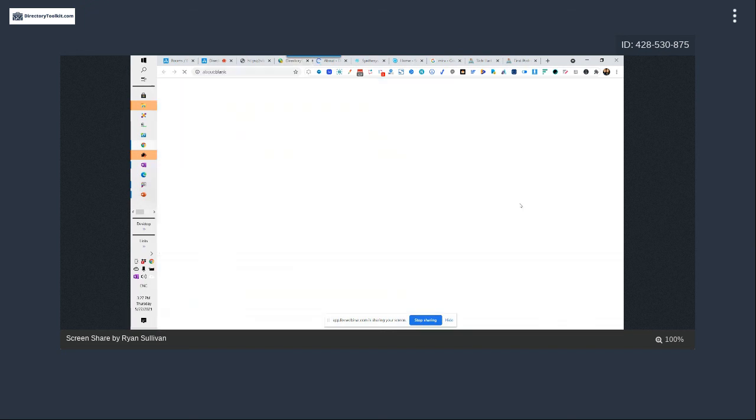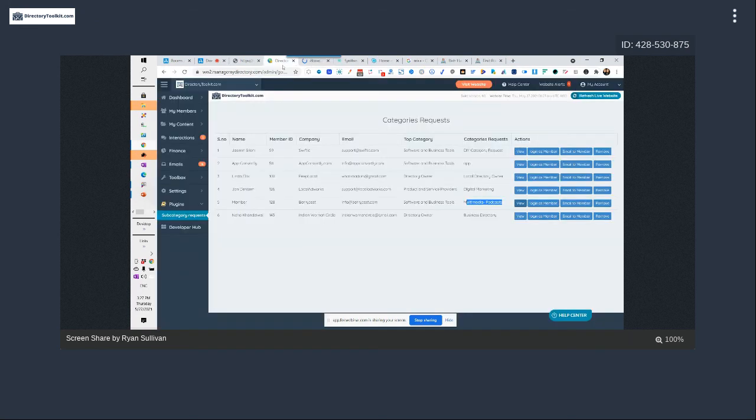You can view their profile to see what they're looking at. You can log in as them. Once I add this to the categories, I can log in as them and add that, then click email the member that I added the category for them and changed it, and then you can just remove it from there. So it's a little task action profile for new category requests.